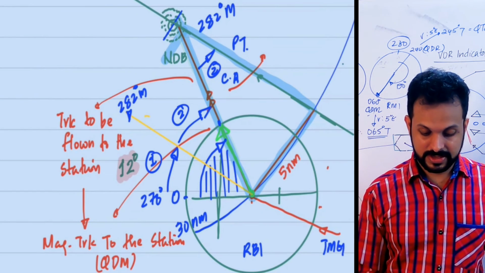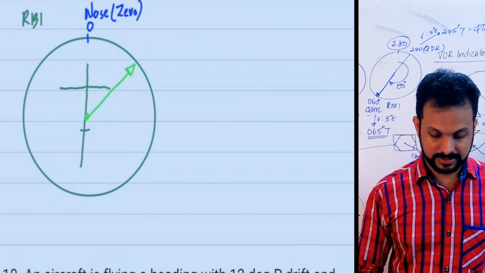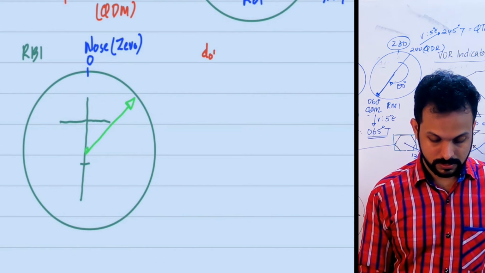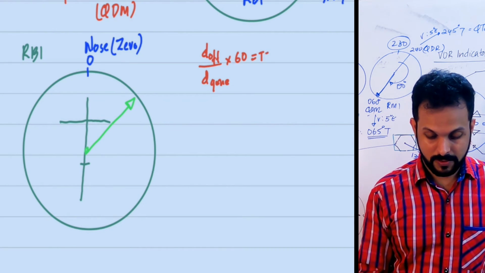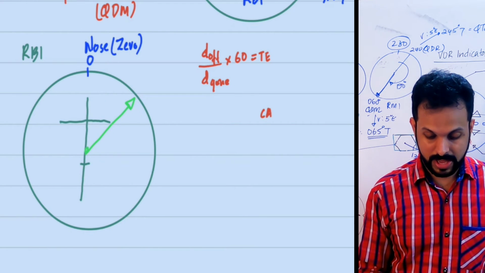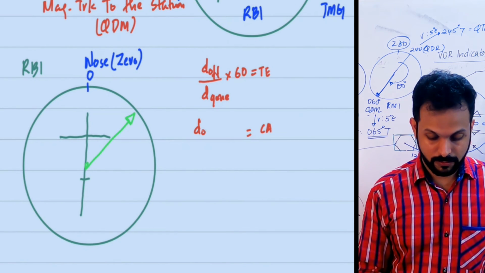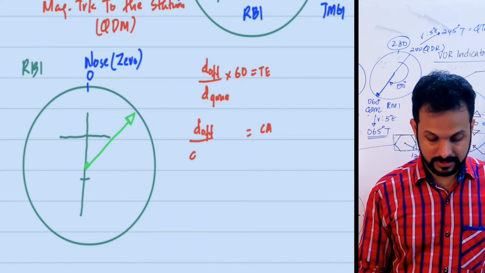So 1 in 60 is basically distance off by distance gone into 60, and that is going to give you the track error. In our case, we have more appropriately the closing angle here, and therefore that is distance off divided by distance to go into 60.